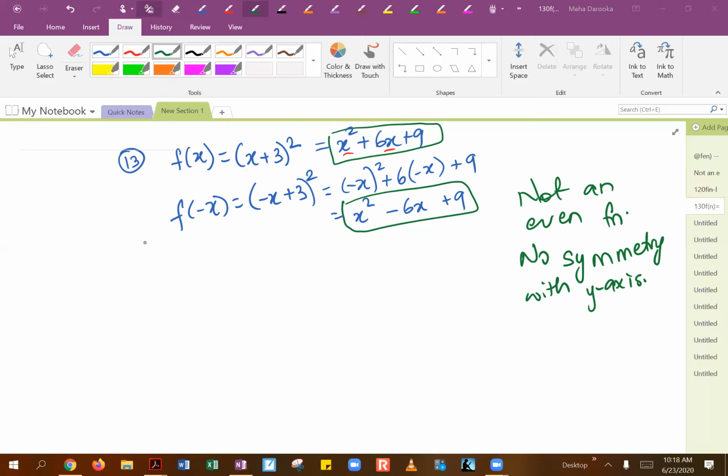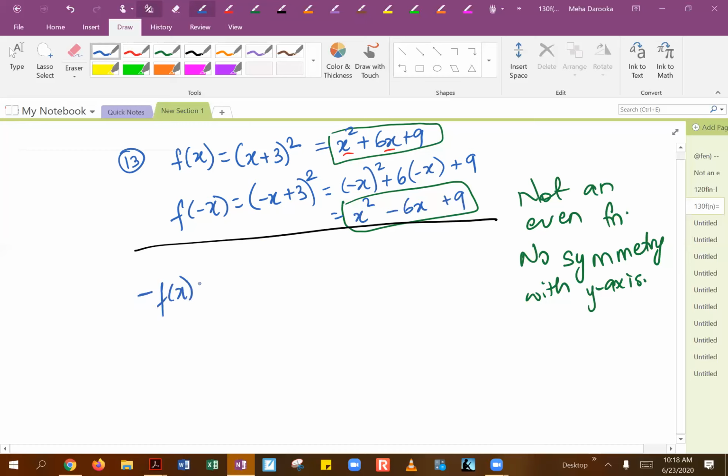Okay, so just to verify whether we have an odd function or not, take your original function and basically put a negative in front of it. I'm using the FOIL form over here.